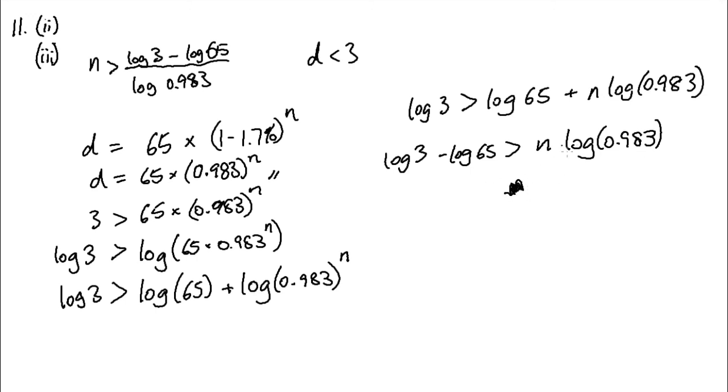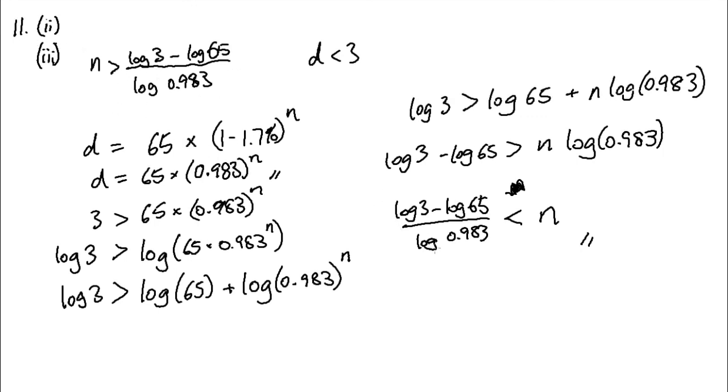Because log base 10 of 0.983 is a negative number, you do flip your inequality sign. Most people will forget to do that. And so log 3 minus log of 65 divided by log of 0.983 is smaller than n, and that is exactly what they are asking for.